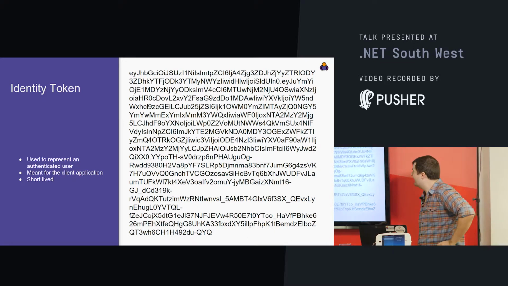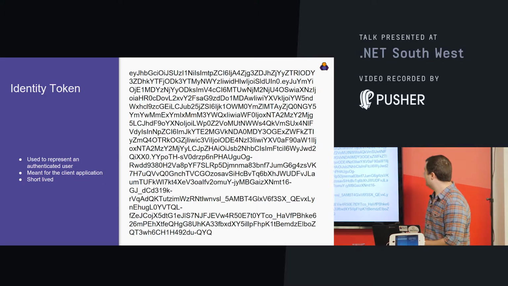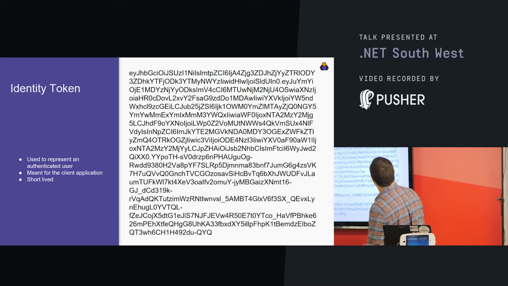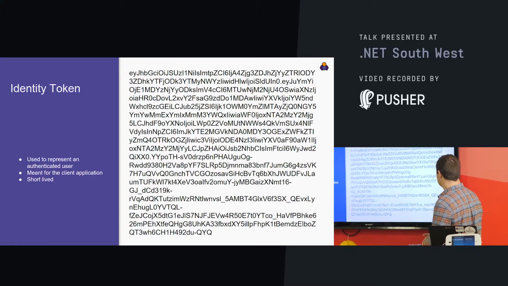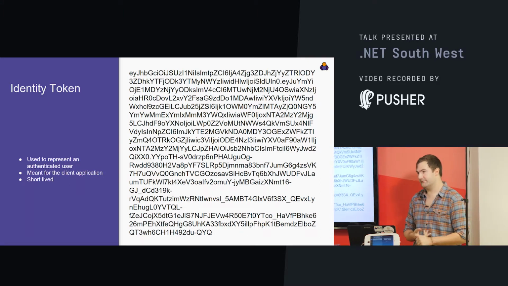So this is a JSON Web Token. There are actually three dots in there somewhere, one near the top and another one further on. And these signify three different parts of a JSON Web Token.